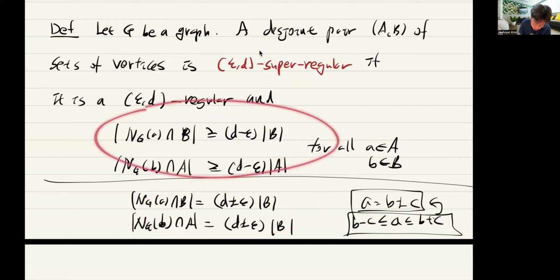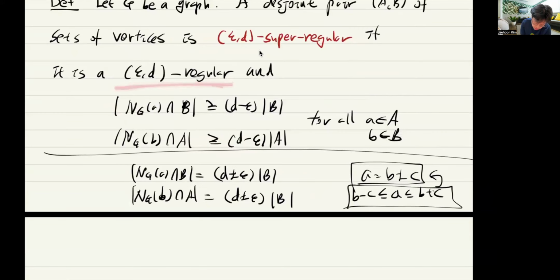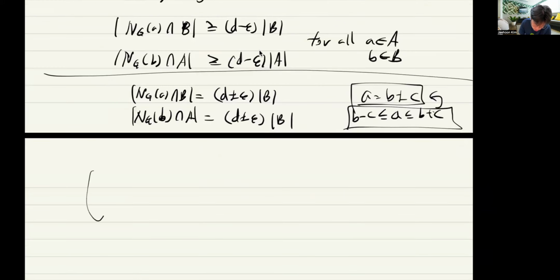And when we have the above one, and you know that this is epsilon-d superregular, then you can show that most of the vertices have the upper bound as well, and only a small number of vertices might have a larger degree.